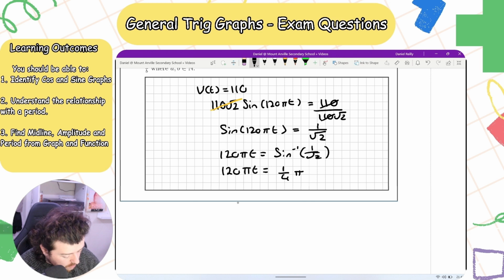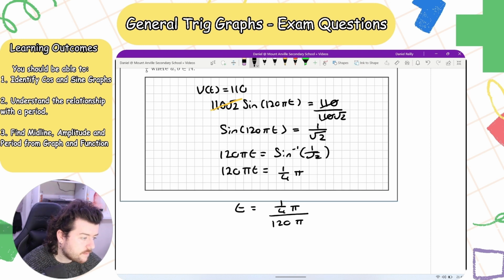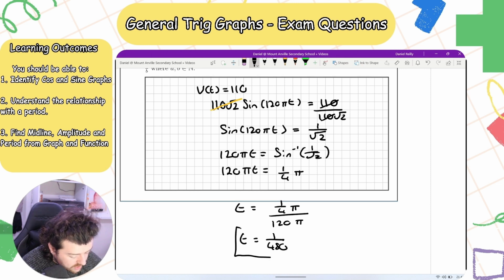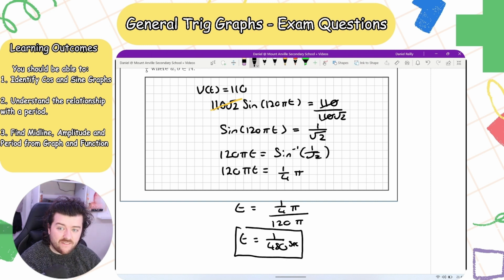Divide both sides by 120 pi. t is going to equal 1/4 pi divided by 120 pi. Then I get t is equal to 1 over 480 seconds. So a very, very small number there.